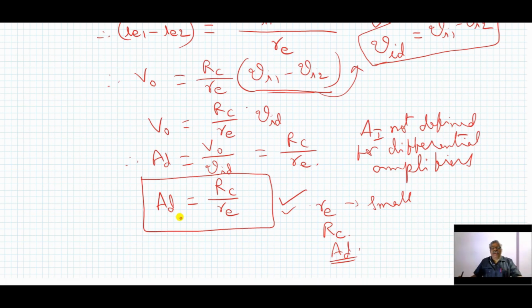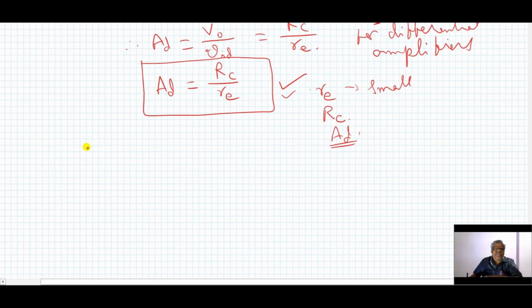In the same way, for the remaining three configurations of differential amplifiers, we can find out the gain. I would like to tell you a small analogy in the gain expression. Suppose you use the H parameter model and find out the voltage gain, what is the expression we get?